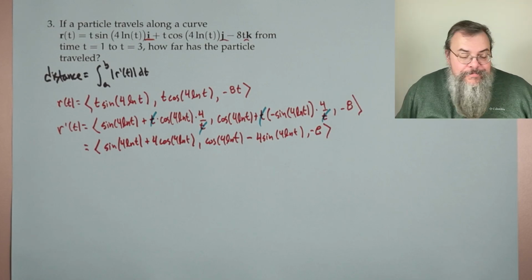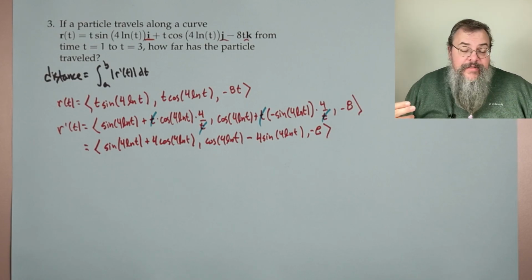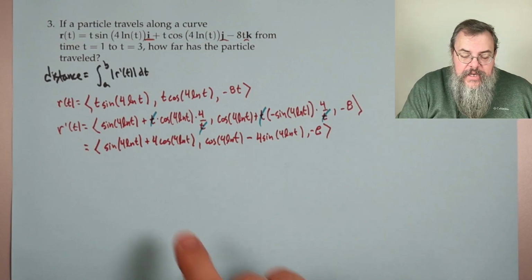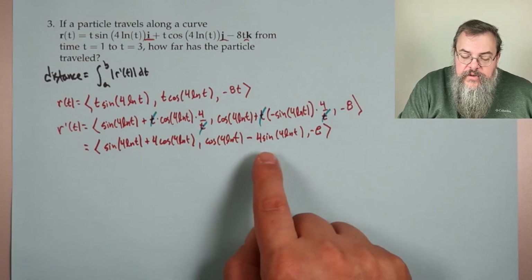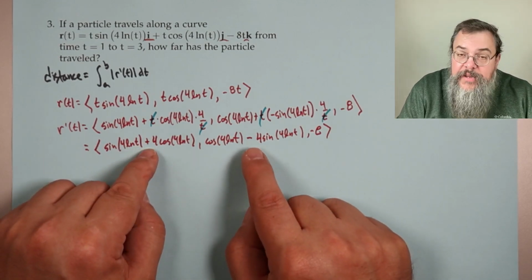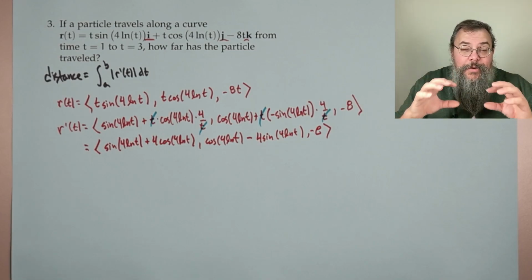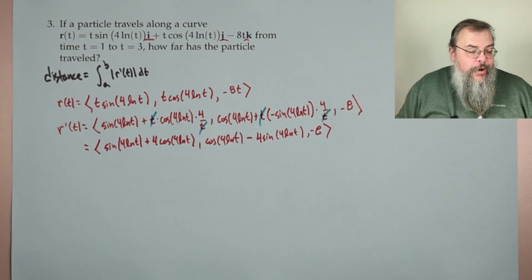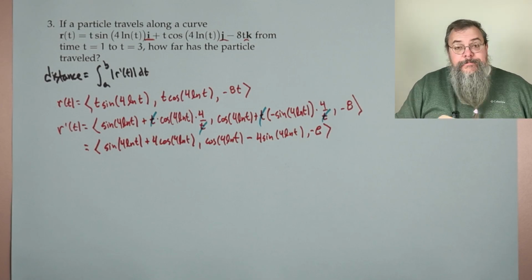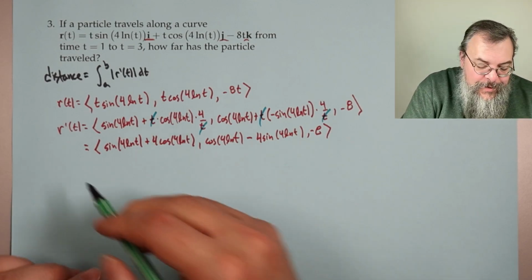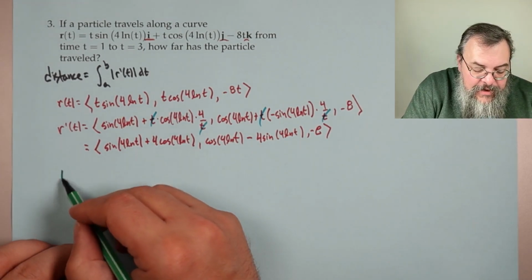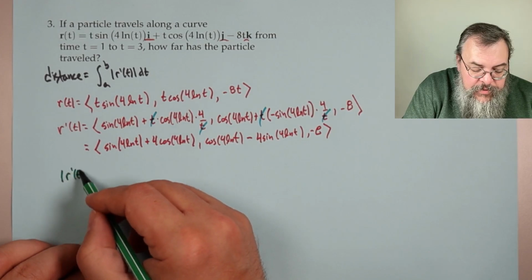It's all 1. Now the other thing that tends to happen is that you get cross terms, but you'll notice how one of these is a plus and one of these is a minus. We're kind of fingers crossed, hoping for cancellation. And all right, well, let's do it and see if we have it in that case. So magnitude of r prime.